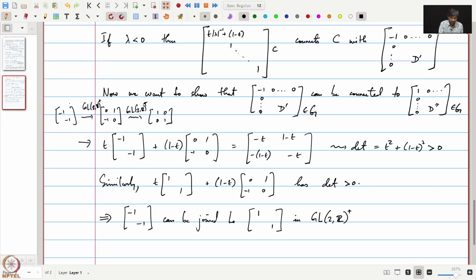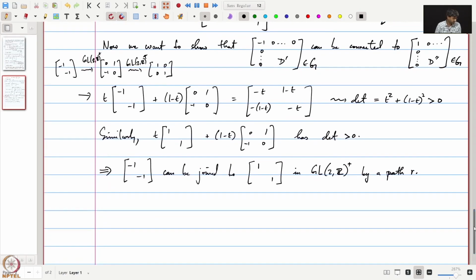So therefore this minus identity can be joined to identity in GL2 using a path inside GL2 R plus. There exists such a path because we can just put these two paths together, as we had seen when we defined path equivalence classes.